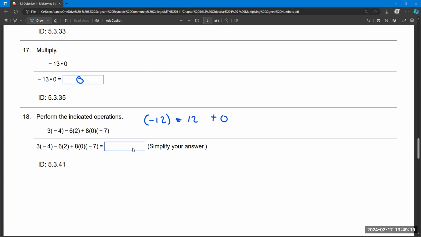That's coming up in a future video. This one just got thrown in here in this set, so we'll take care of it now. Negative 12 plus negative 12 plus 0 is going to be negative 24 plus 0 is negative 24.